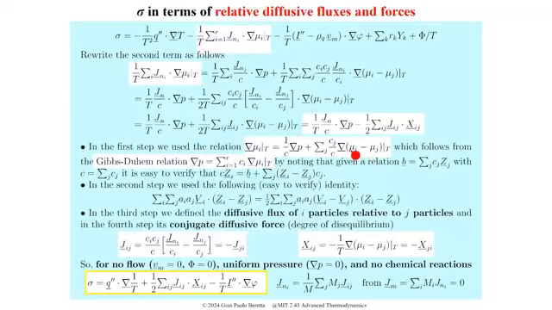And therefore, this summation, which goes still from 1 to r, effectively goes to r minus 1, because when j is equal to i, this difference is 0. So this is the first step that we make. We substitute this into here.